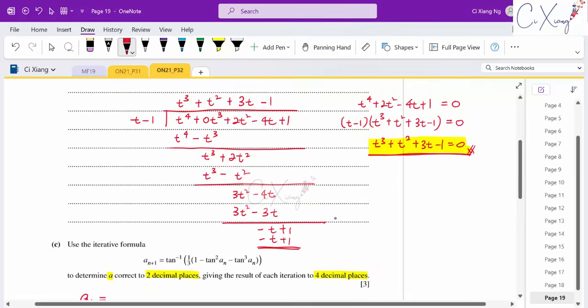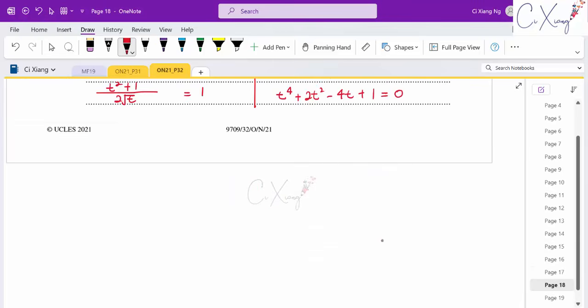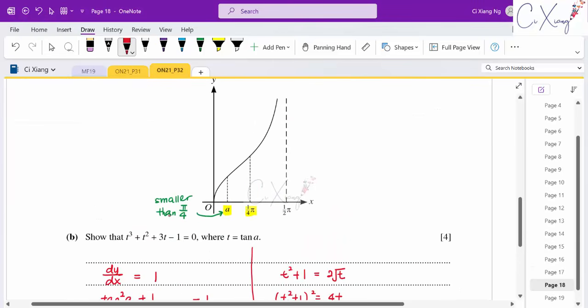But for me, to be on the safe side, I try to observe the diagram again. I know that A should be a value smaller than pi over 4. And I assume that it is very close to the midpoint between 0 and pi over 4.